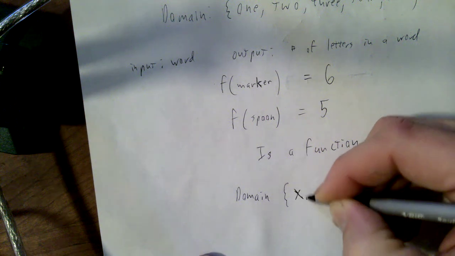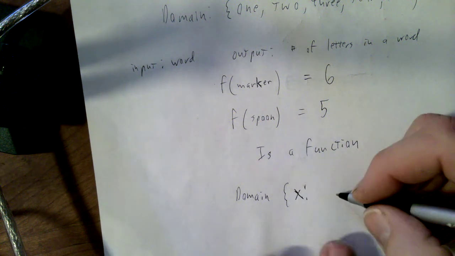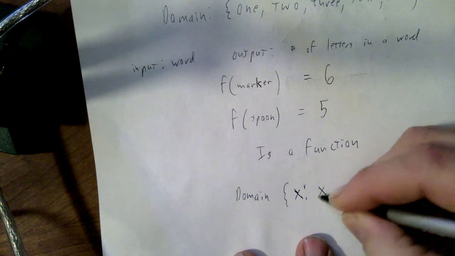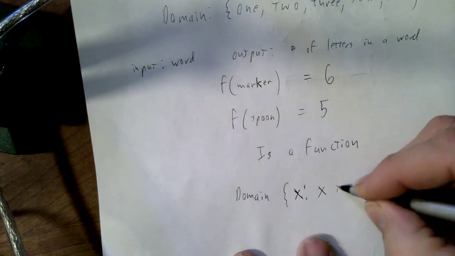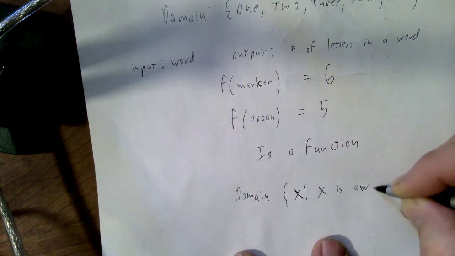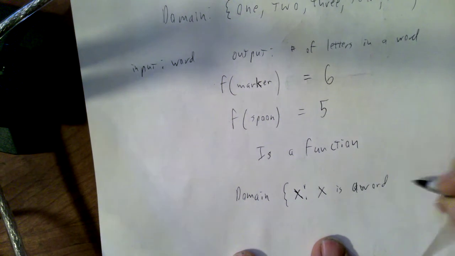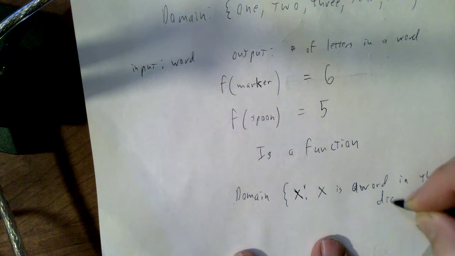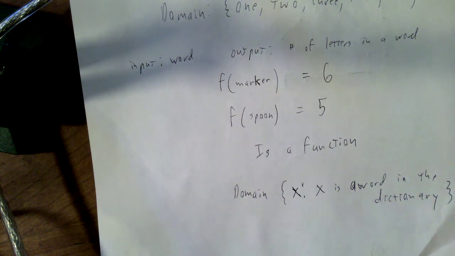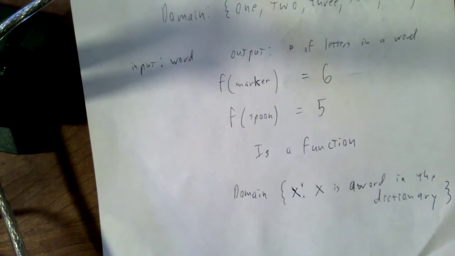It's funny to use a variable for them when we're not talking about numerical values, but the set of x such that x is a word in the dictionary. We could make the domain that whole set. So I'm not going to list them all, of course, but it's a certain set of elements that we're talking about there that make sense as inputs into that function.